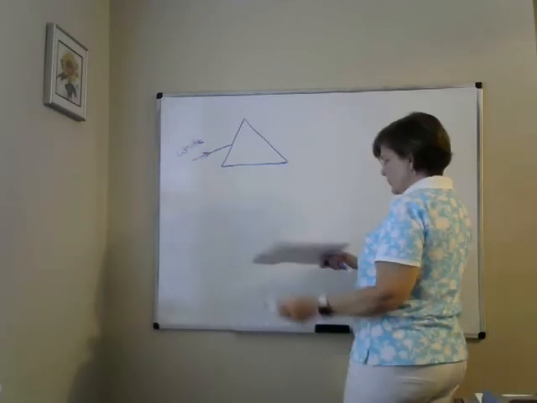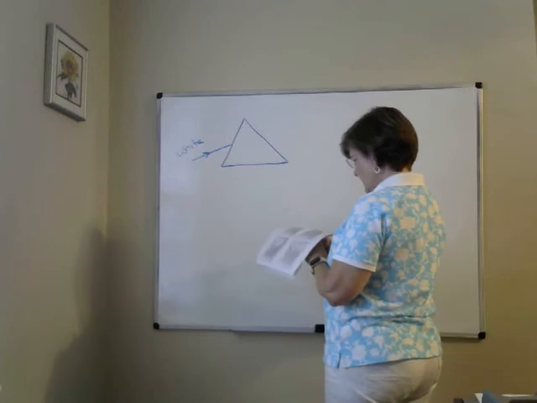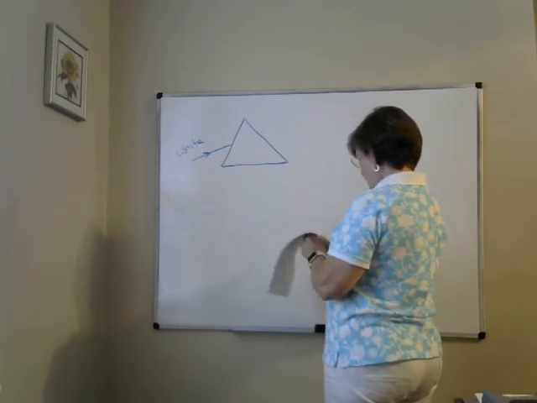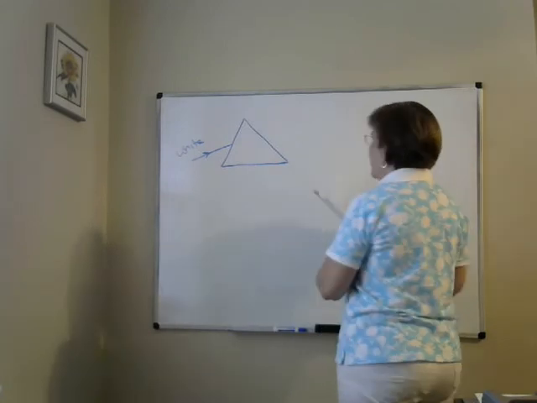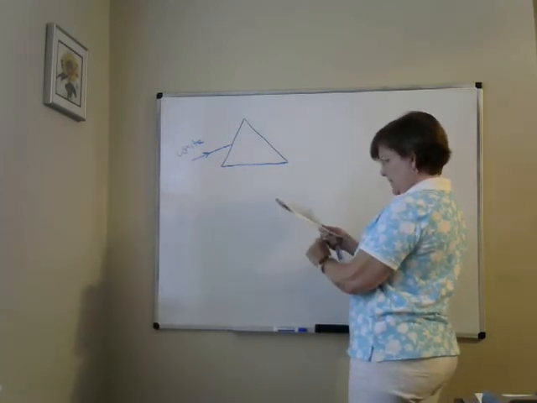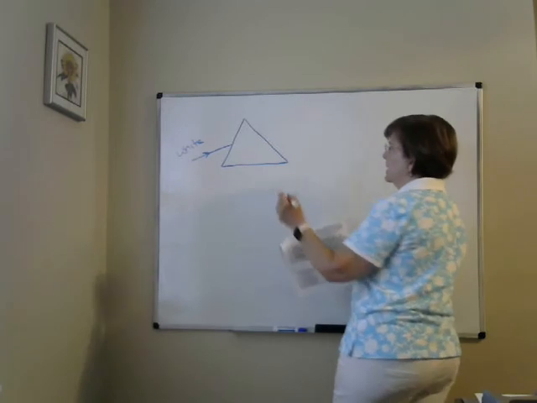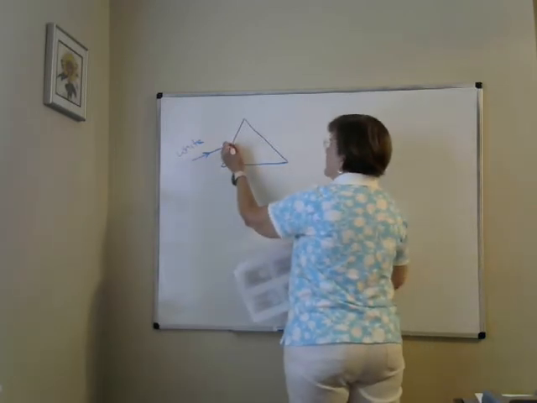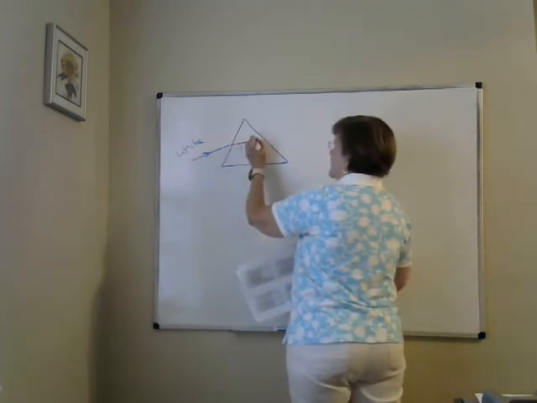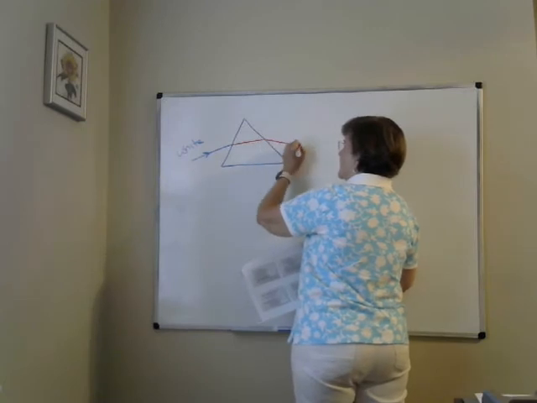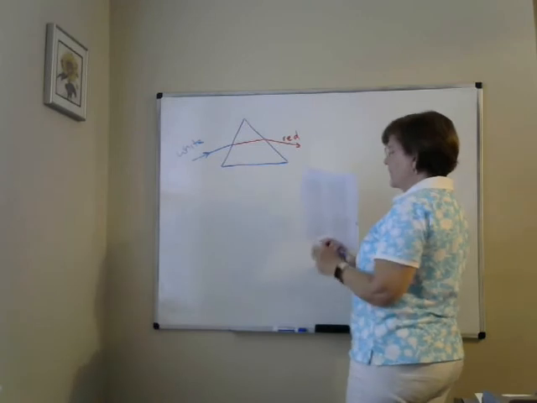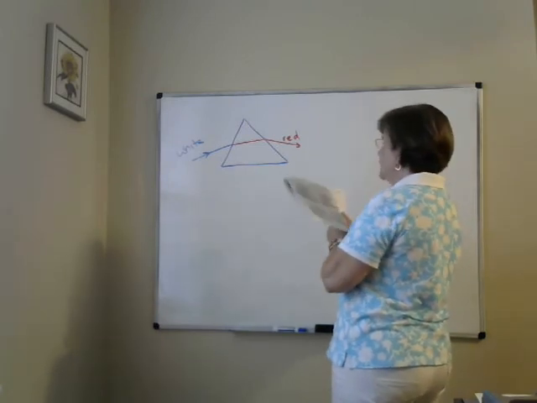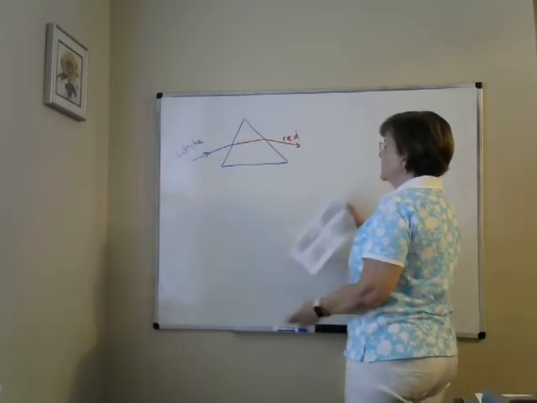When it enters, those colors separate. And what's going to happen is the red will actually travel the fastest. The red's going to bend, but it's going to be the least affected. The violet slows down the most. It bends more.